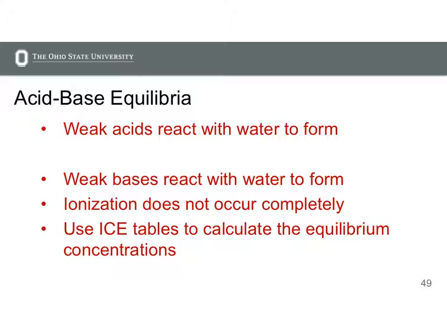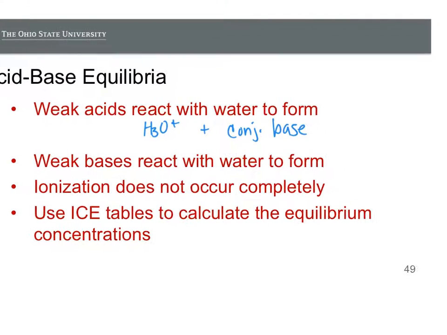All right, so now we're really going to start to get into the equilibria involving weak acids and weak bases. When we put a weak acid in solution, we are going to form H3O plus and its conjugate base. So a weak acid will react with water to form H3O plus and the conjugate base.